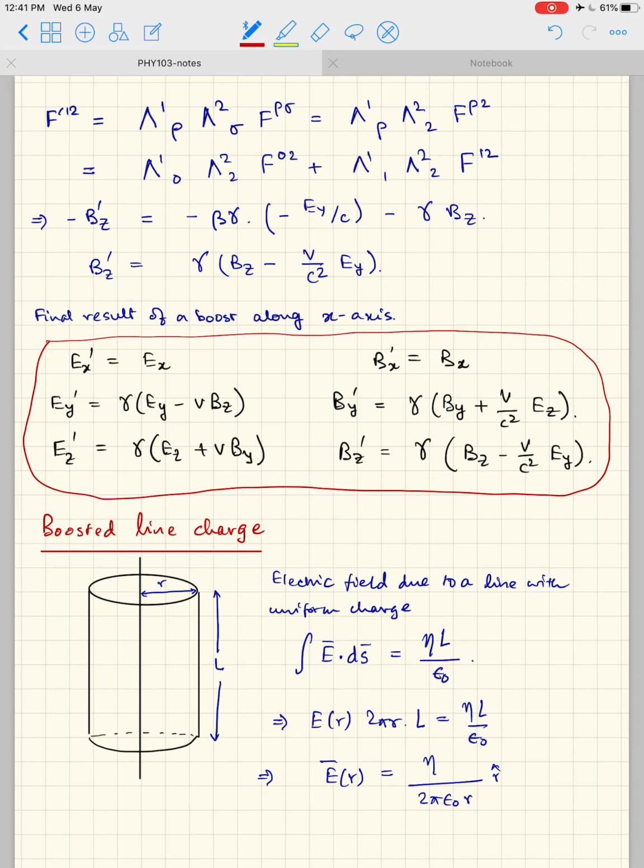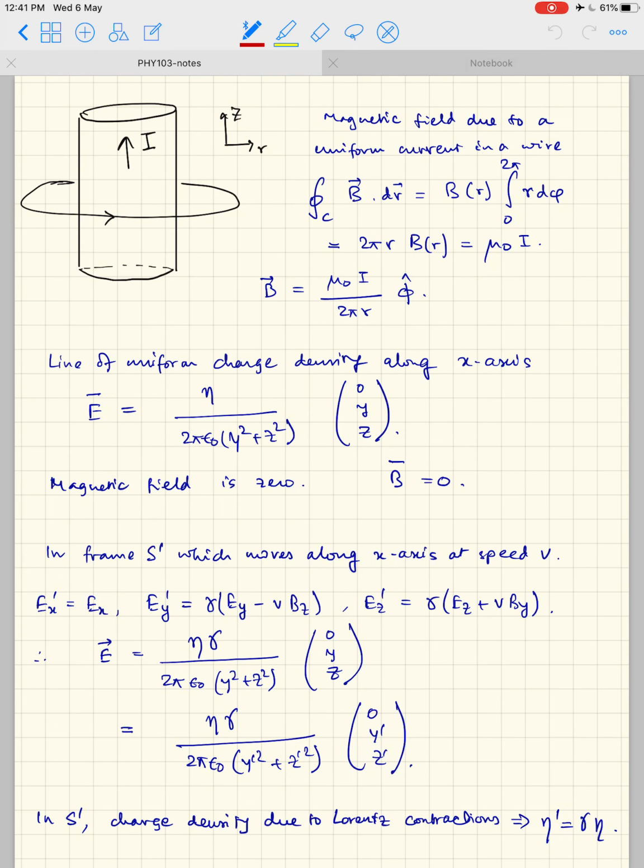So now what we did is we went on to figuring out what happens when we look at a boosted line charge. And as you know very well, when we are looking at the electric field due to a line with uniform charge, the electric field is given just by this expression: E of r is proportional to 1 over r.